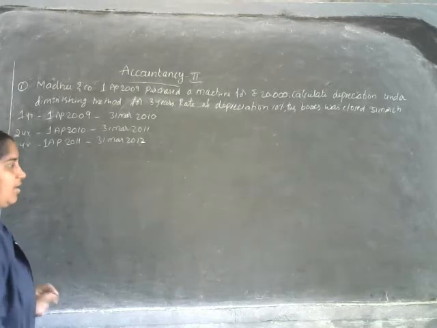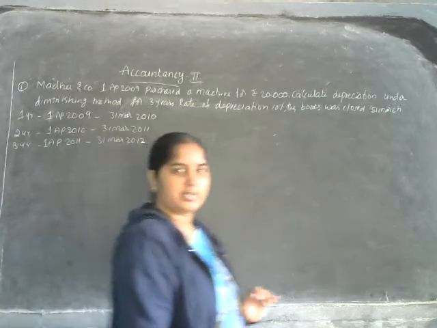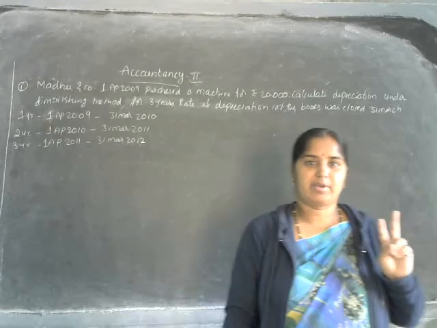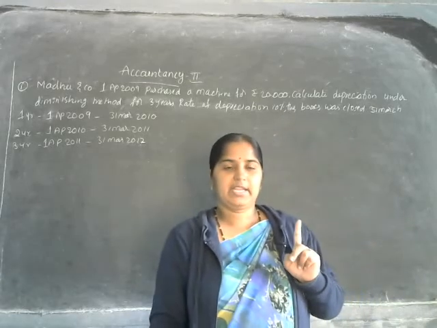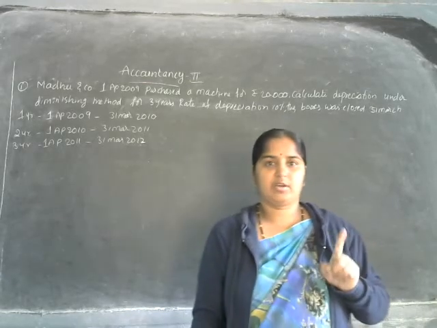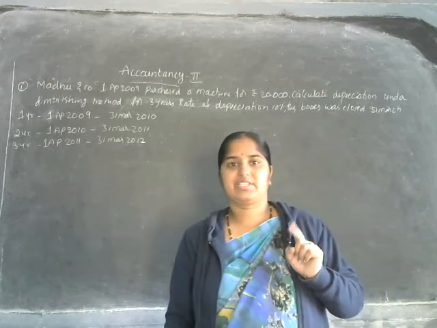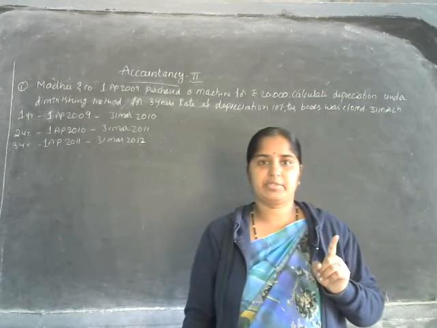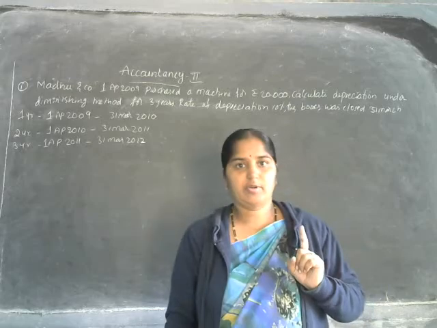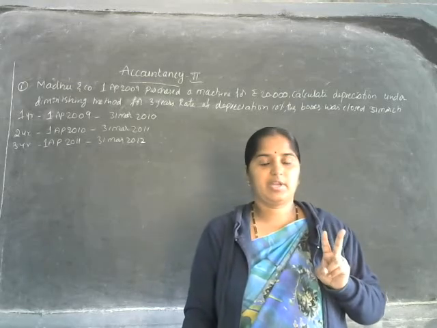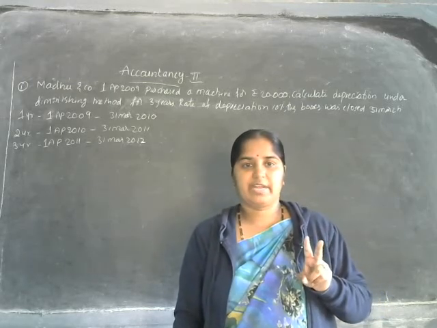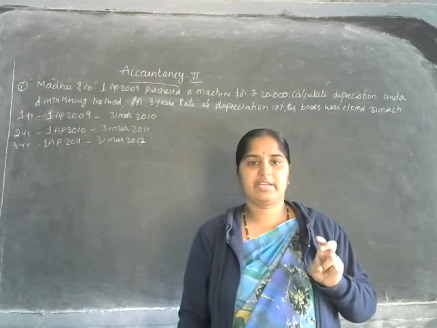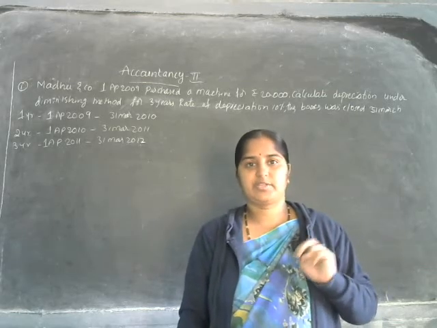Now, when we calculate the diminishing balance method, we have to remember 2 points. First point, calculate depreciation in the first year on the cost of the asset, and for the subsequent years we have to calculate depreciation on the balance brought down amount. Second, the depreciation value year after year is going to reduce. These 2 points you have to remember.